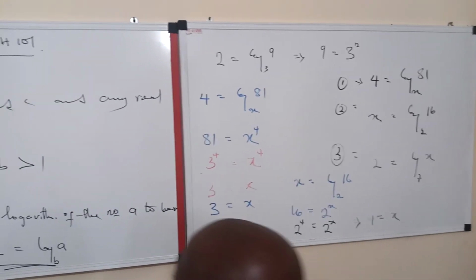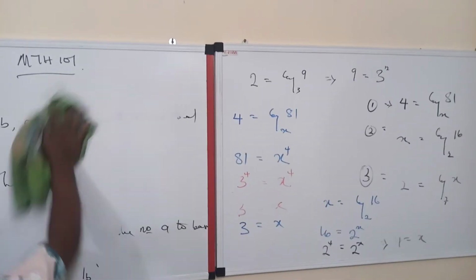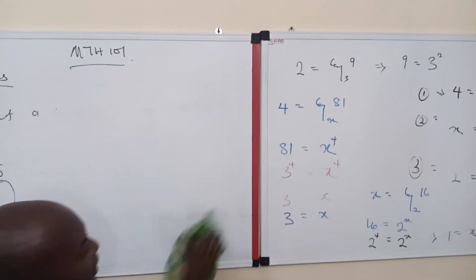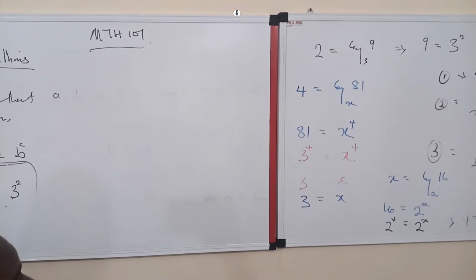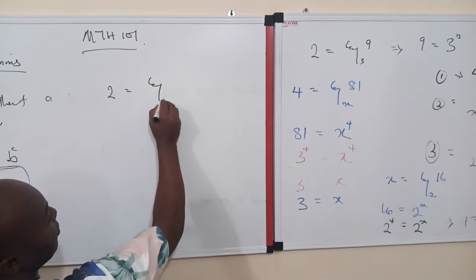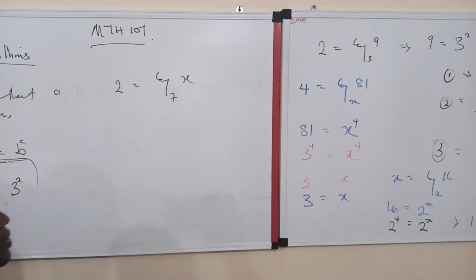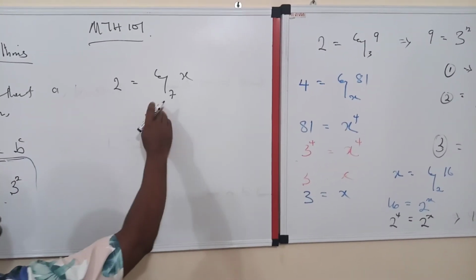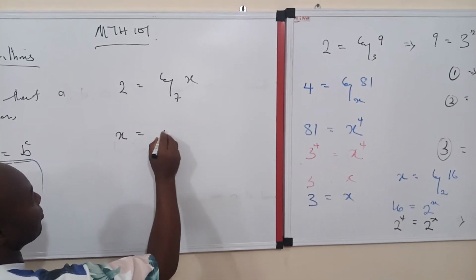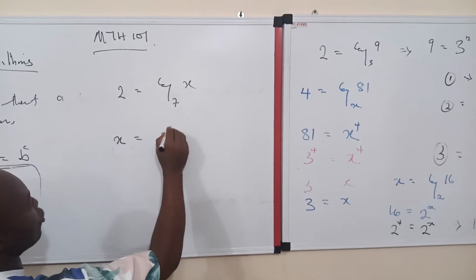In the third case, that one is also as simple as ABCD. In that case, it is the number that is not given. We have 2 equal to the log in base 7 of the number x. And then we said we can also rewrite this as the number x is equal to the base raised to power 2.